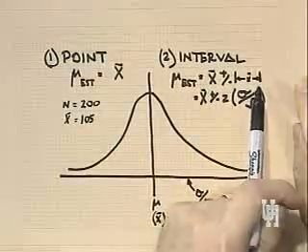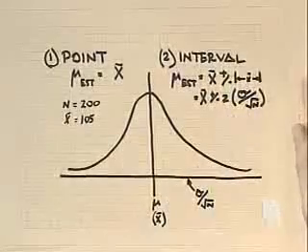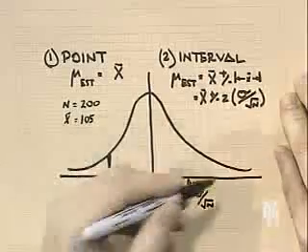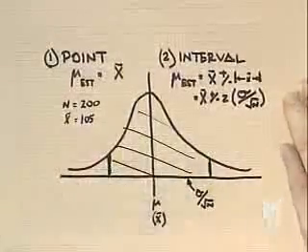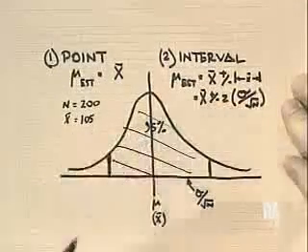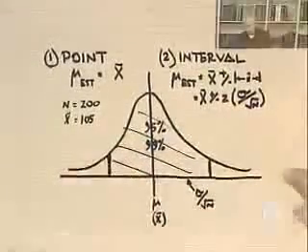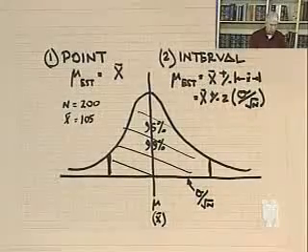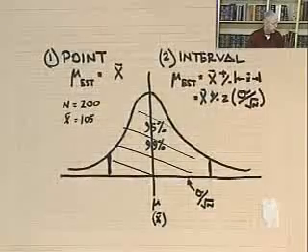Looking at this formula then, X bar plus or minus some range of scores centered on X bar, you and I are simply going to set up some range of scores. And that range of scores will include either 95 or 99% of all of the area under the curve. Another way of saying that is that it will include 95 or 99% of all scores in the distribution.